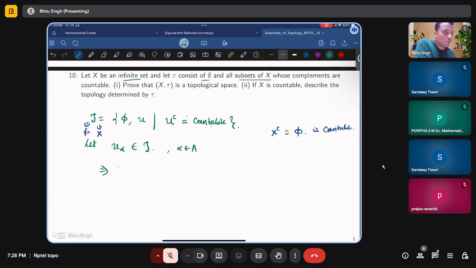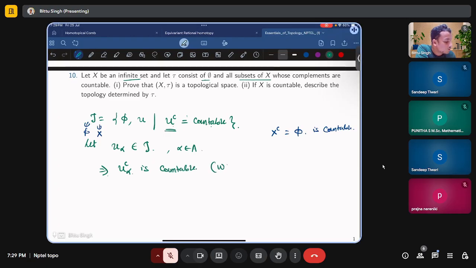Now what about the union of U alpha? U alpha can be empty, so we are ignoring those empty sets because taking the union with the empty set changes nothing. So I am assuming the complement of U alpha is countable.